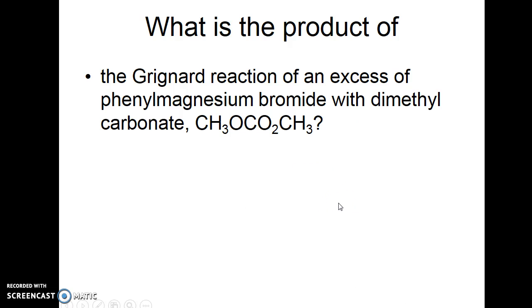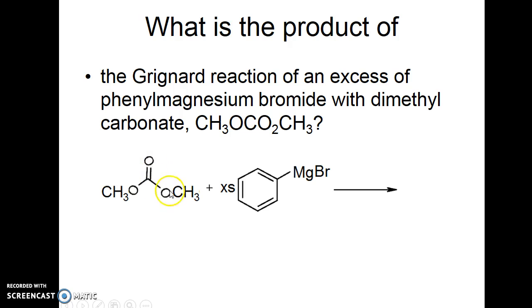So what is the product of the Grignard reaction of an excess of phenylmagnesium bromide with dimethyl carbonate? Well, this is dimethyl carbonate, and this is the phenylmagnesium bromide, and we're going to have excess of it. Why?